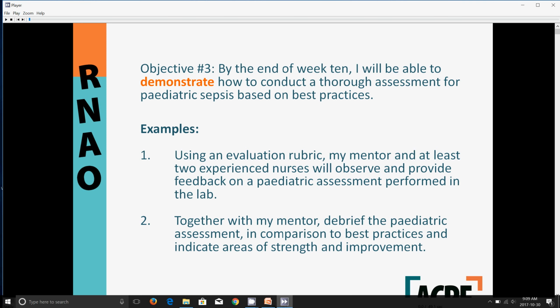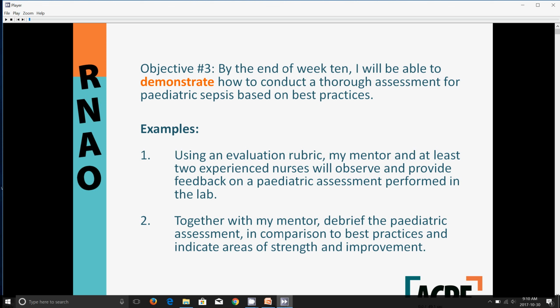So I'd like to give you some examples of evaluation criteria for objective number 3 that was stated earlier, and that is by the end of week 10, I will be able to demonstrate how to conduct a thorough assessment for pediatric sepsis based on best practices. So a couple of examples. Using an evaluation rubric, my mentor and at least 2 experienced nurses will observe and provide feedback on a pediatric assessment performed in the lab.